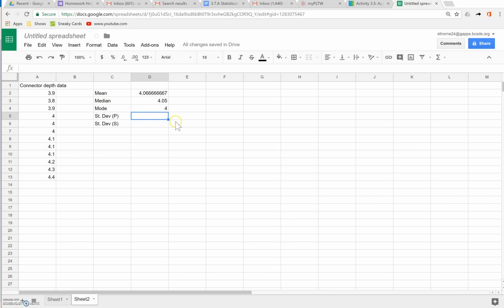And for some reason it's not giving me the nice formulas, so I'm going to have to look one up. I don't know off the top of my head which one to type in for sample, which one to type in for population.